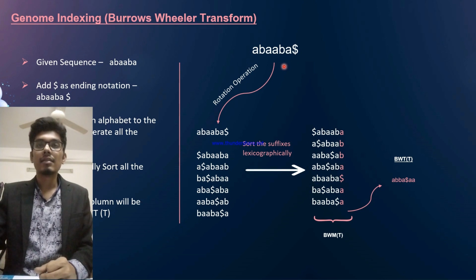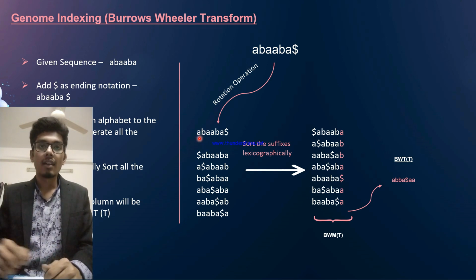After taking the dollar sign, we have to perform a rotation operation, and it is very interesting. Every time I have to take the last letter and move it to the beginning, and then we will get a new sequence.